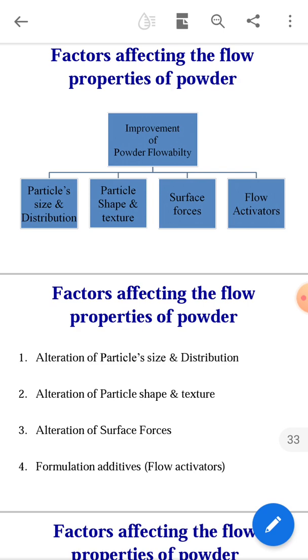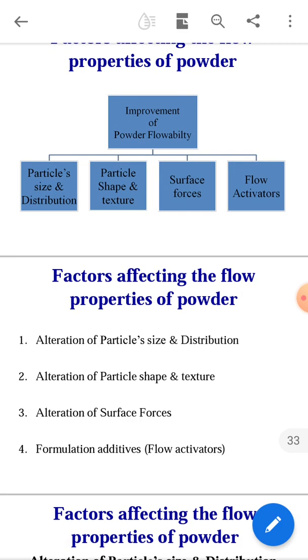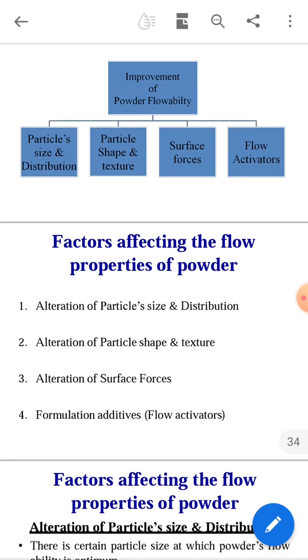Then surface forces: if moisture is present in the powders, the surface forces increase and friction increases. Next are flow activators, which means you increase the flow property by using some glidant like talc, or lubricant like magnesium stearate and zinc stearate, which increase the flow.